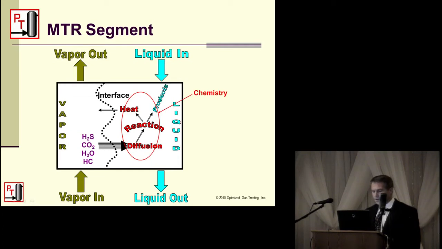In some cases, if it's an amine, there will be chemical reaction involved. There are heat effects with that, activity effects with that. Heat that's liberated may drive water to vaporize back across the interface or result in corresponding temperatures that are different between the liquid out and the vapor outlet.